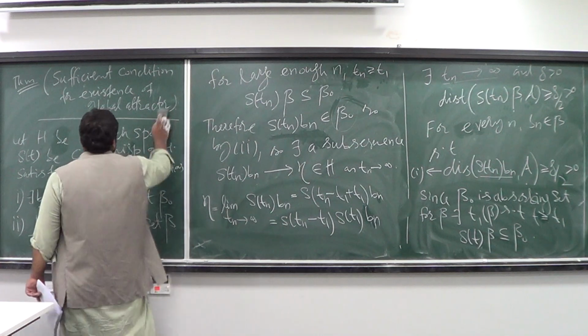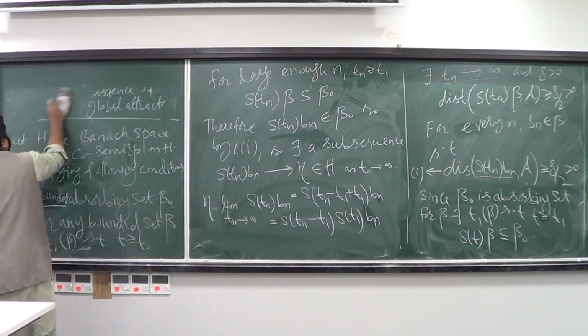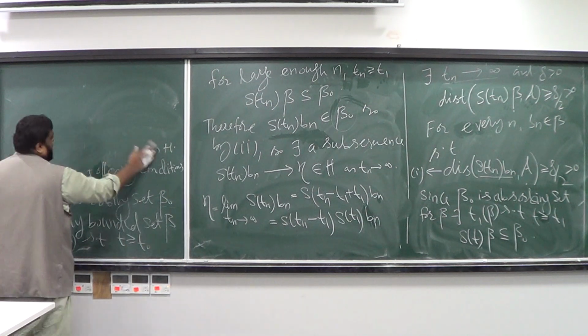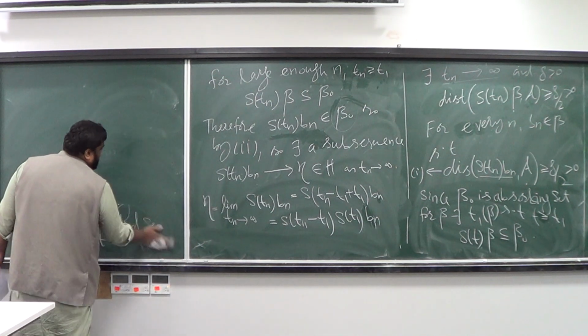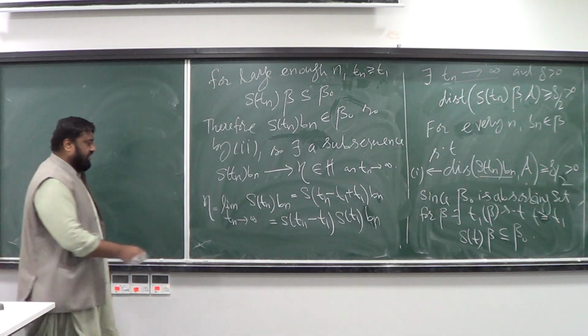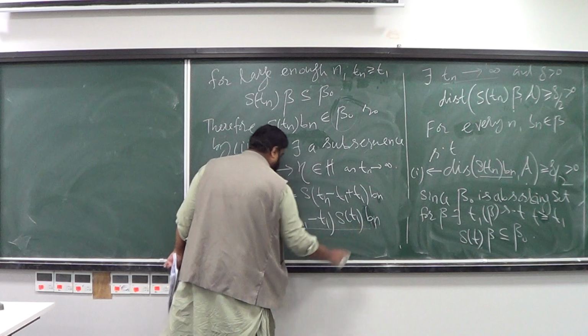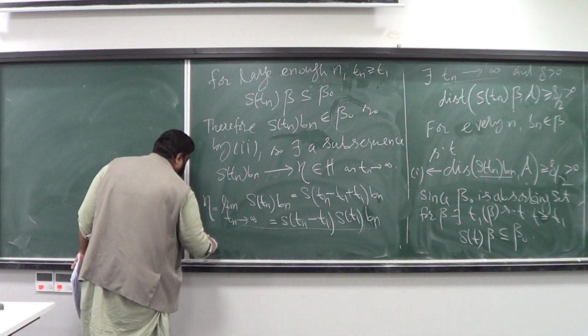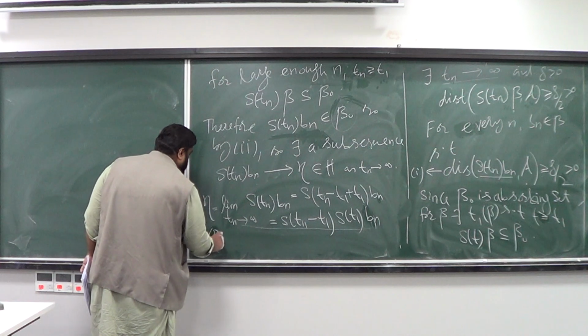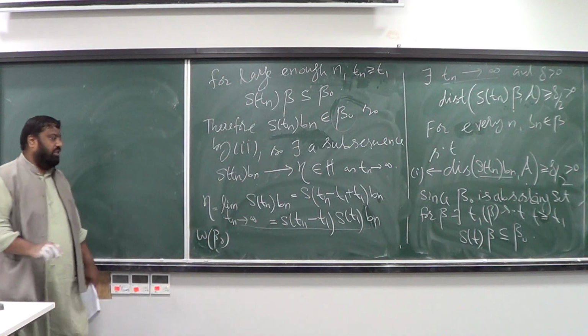Now I would like to recall the definition of the omega limit set and then relate that definition to this last conclusion. For example, what do we mean by the omega limit set of B naught?